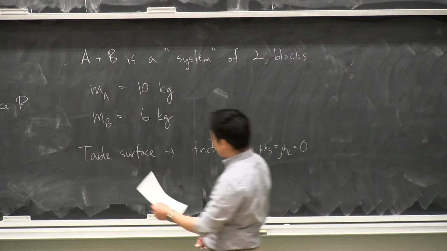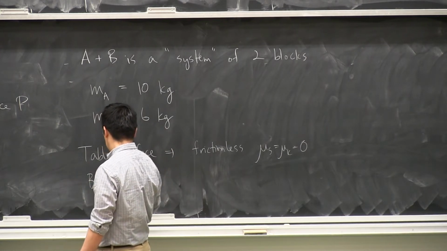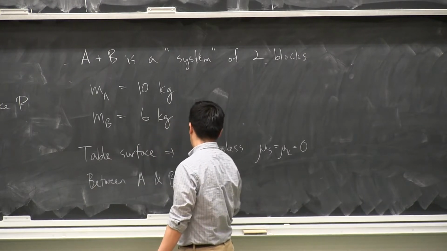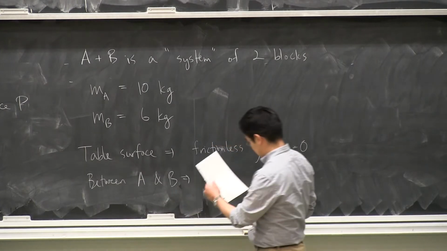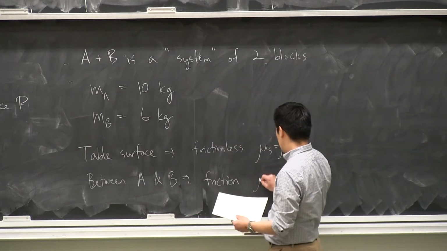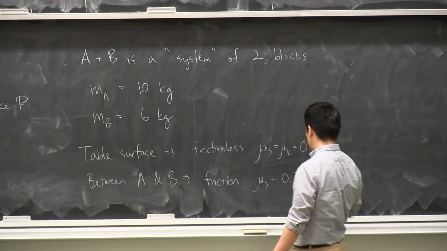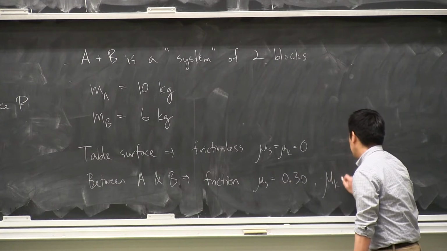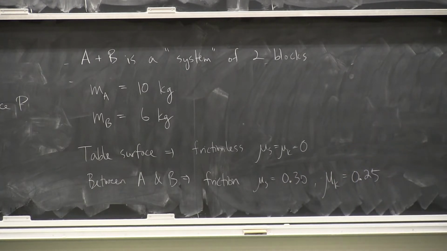But we will say that there is friction between A and B. And we'll say mu s is 0.3. Mu k is a little bit less, it's 0.25.